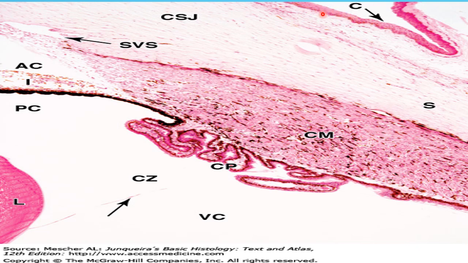The epithelium of the cornea continues as the epithelium of the conjunctiva here. Then there is the episclera, this is the sclera proper, and again here is the loose type of connective tissue, where you can appreciate the melanocytes starting to appear. This makes up the suprachoroidal lamina at the transition point between sclera and choroid.